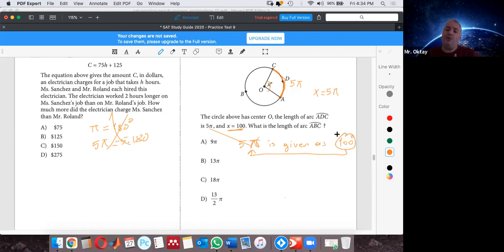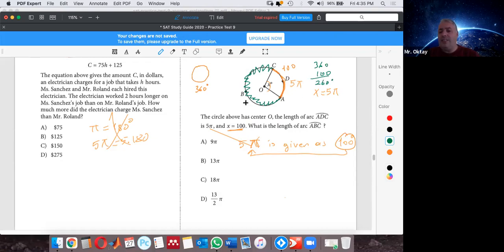Now I am asking you, if this is 100, normally one circle, how many degrees? 360 degrees, totally. So when I look at my question, the remaining part, which is here, is 360 minus 100, which is 260 degrees.